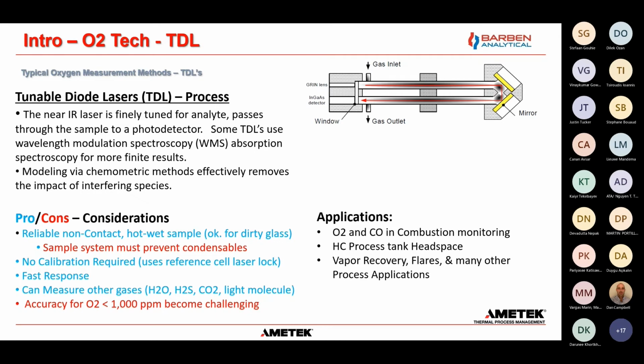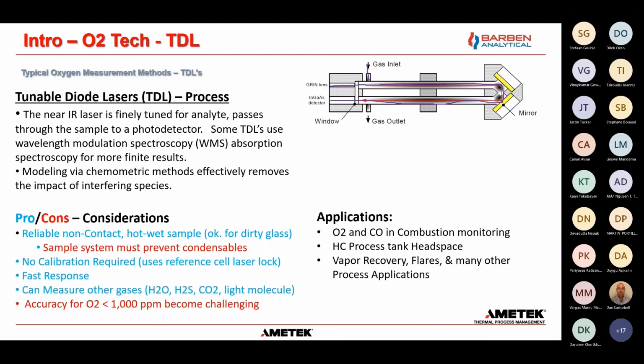So this is the gas inlet coming through the sample cell. You can see the laser comes in, hits a mirror, reflects back, and then hits the detector. Some of the top-end TDLs use wavelength modulation spectroscopy, which really helps in the absorption ability to achieve more finite results.